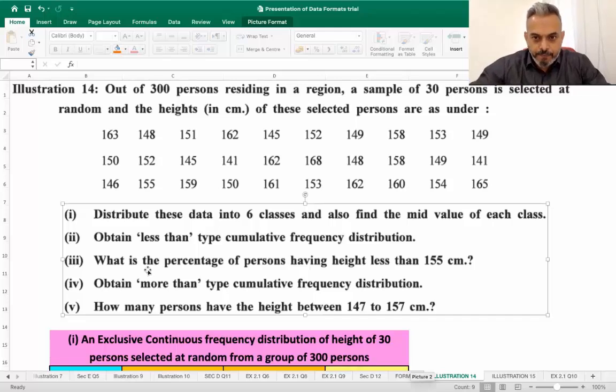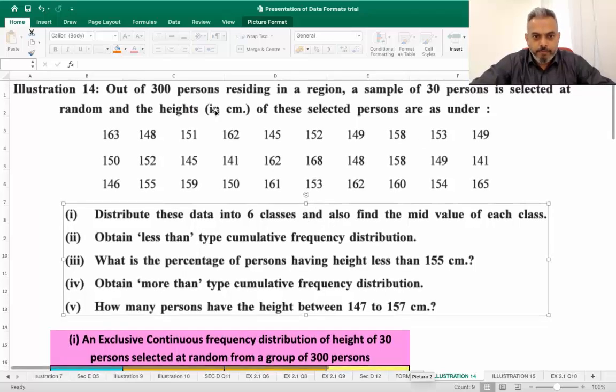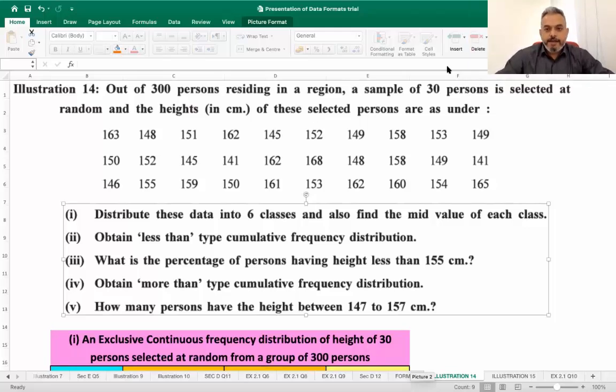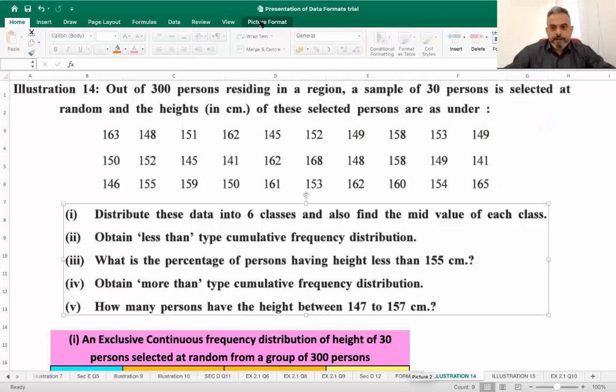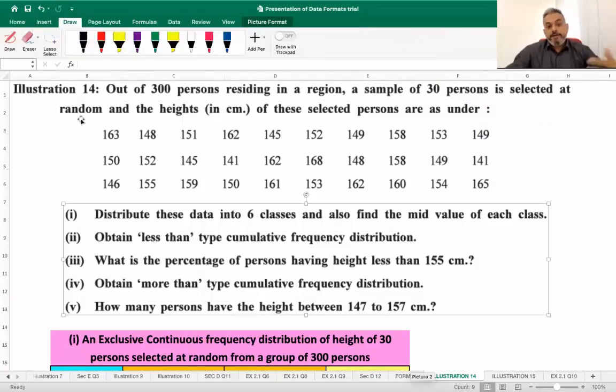Now, out of 300 persons residing in a region, a sample of 30 is selected at random and the heights in centimeters of these selected persons are as under.